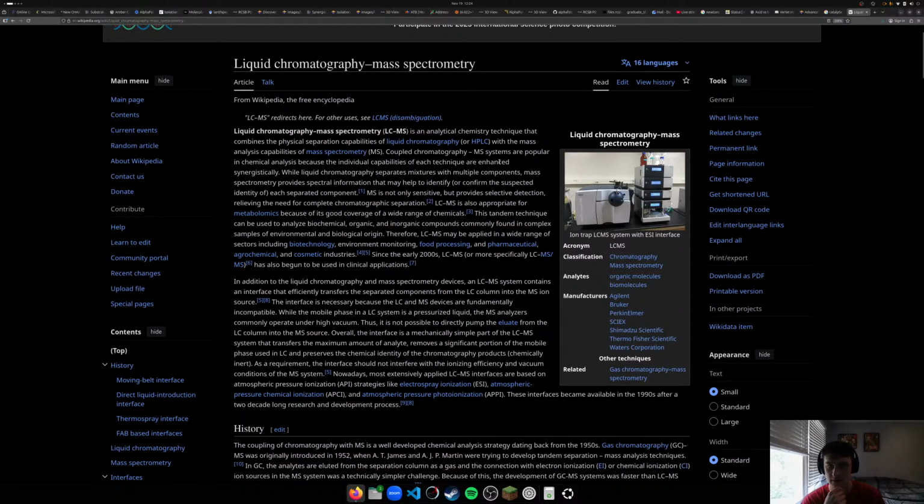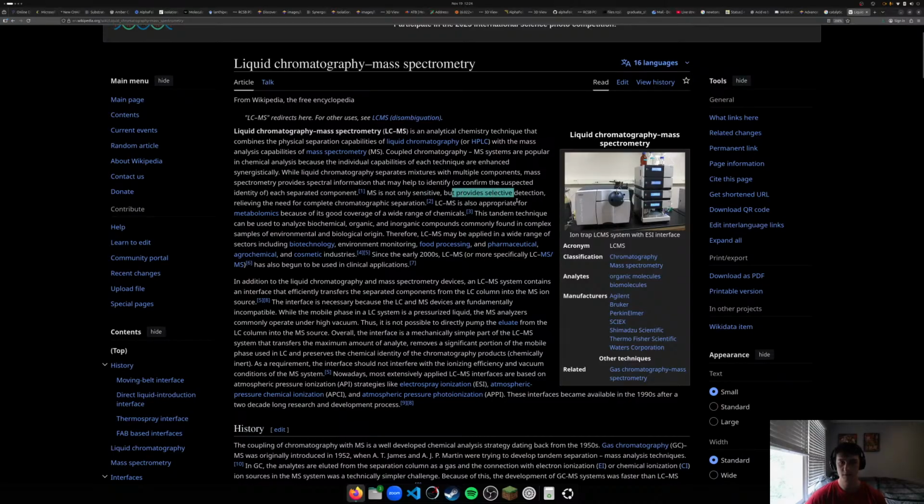Physical separation capabilities with mass. Liquid chromatography separates mixtures with multiple components. Mass spectrometry provides spectral information that may help identify or confirm the suspected identity of the separated component.